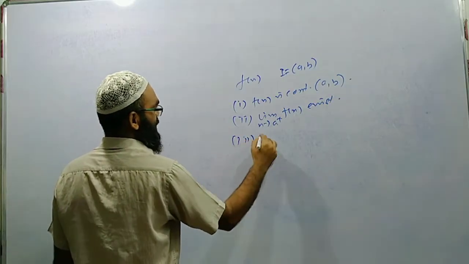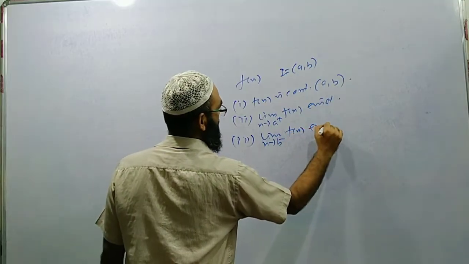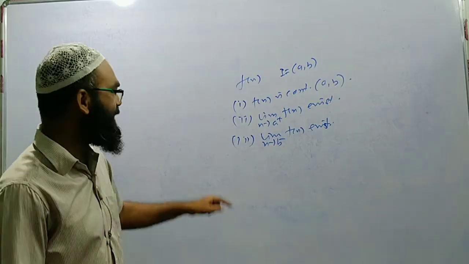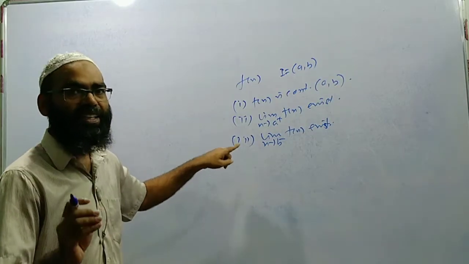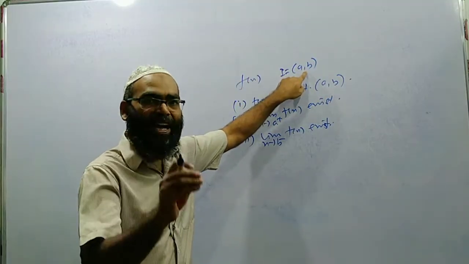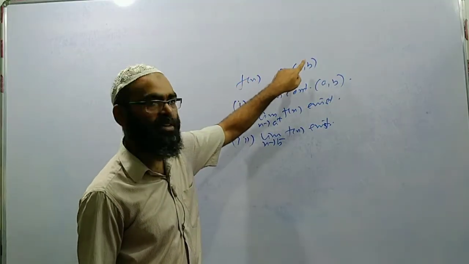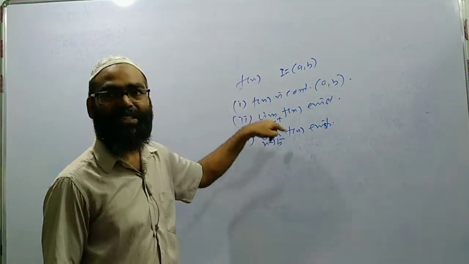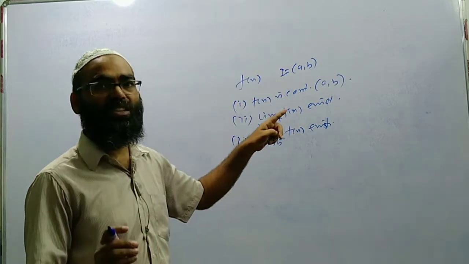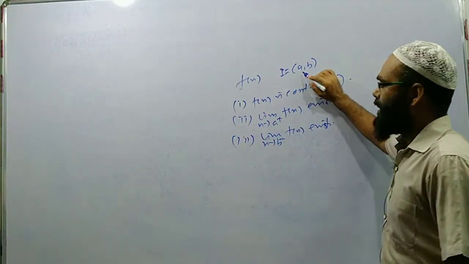Number 3, limit x tends to b minus of f(x) exists. If f(x) satisfies these 3 conditions, then the function f(x) will be uniformly continuous on I, and conversely if f(x) is uniformly continuous on I, then f(x) satisfies these 3 conditions. So this is the necessary and sufficient condition for uniform continuity on an open interval.